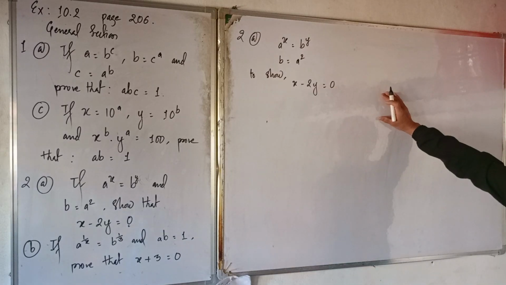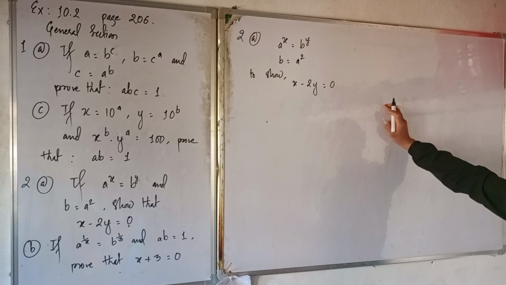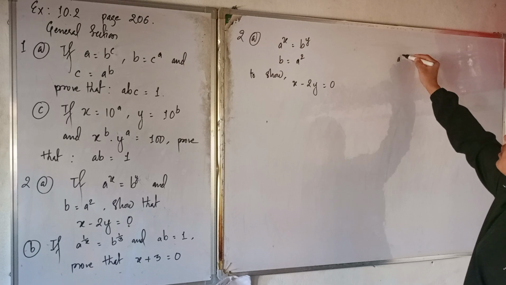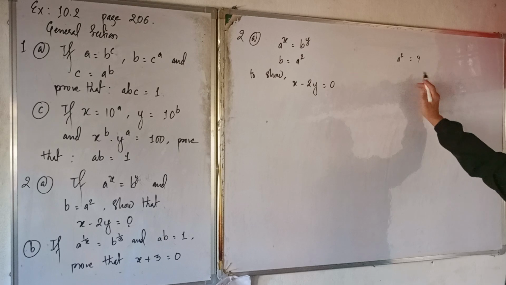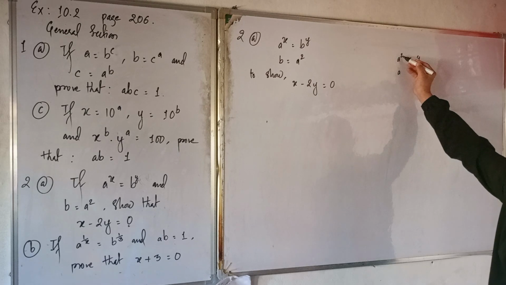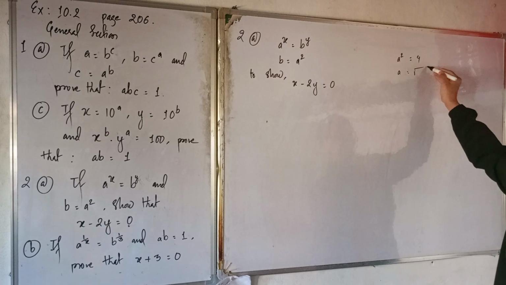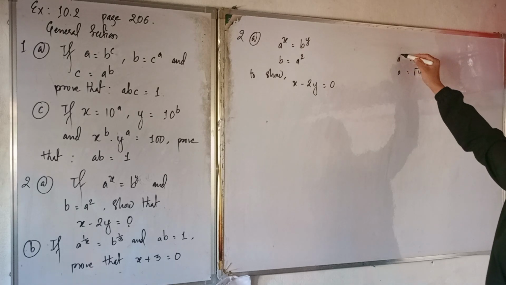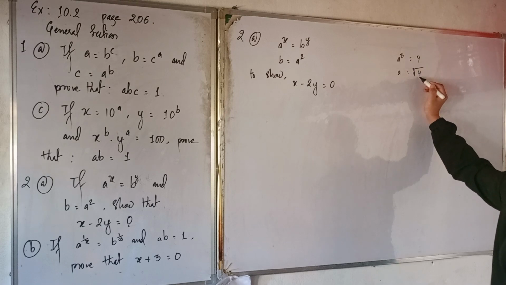Before starting this, I would like to give you some clarity here. In a very trivial situation, suppose this is a square is equal to 4. If you want to move this square to the other side, it becomes root 4. If there is a 3, it becomes cube root 4.